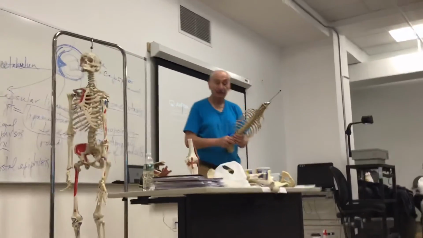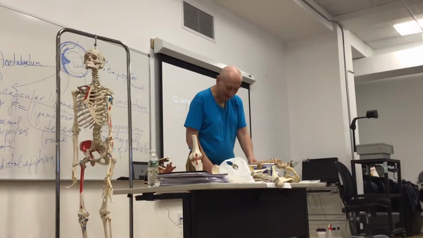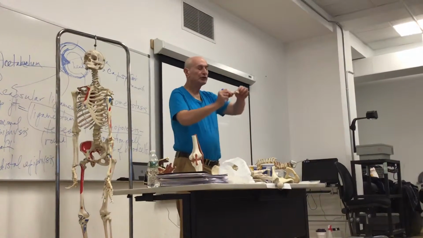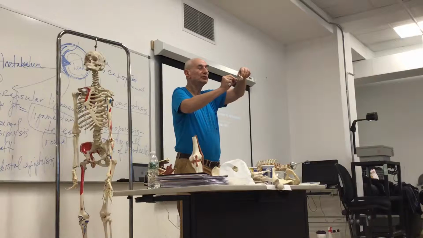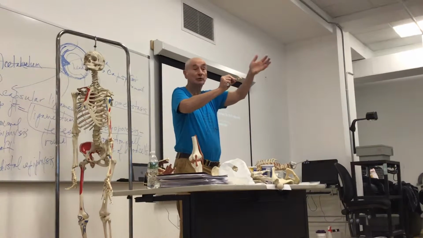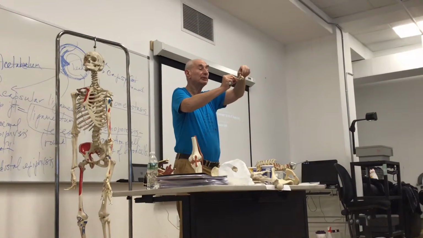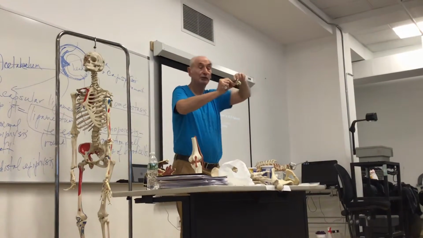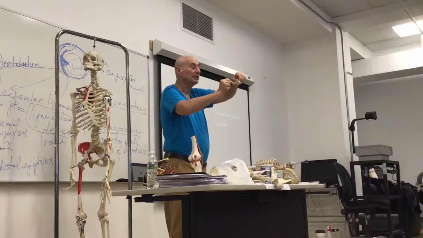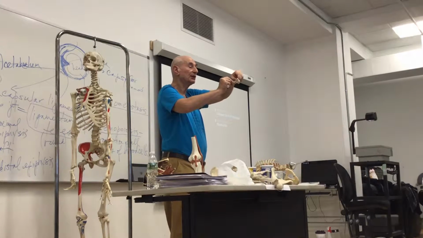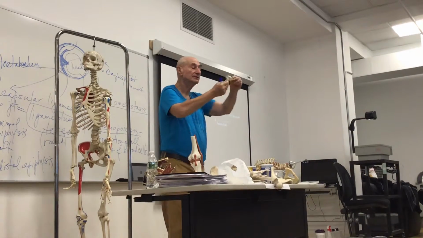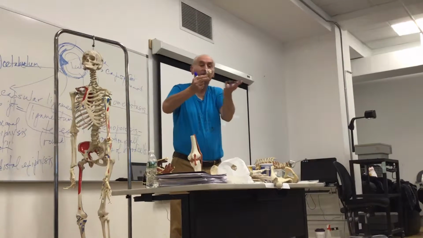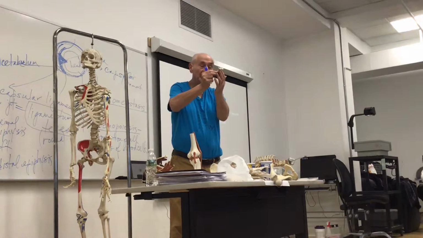Okay, and then you also have two superior articular processes. On every vertebra, you have two superior articular processes. The name is great, it tells you they articulate with the vertebra above. Superior articular processes articulate with the vertebra above. It's harder to see, but it's not an issue, you just need to know the name.